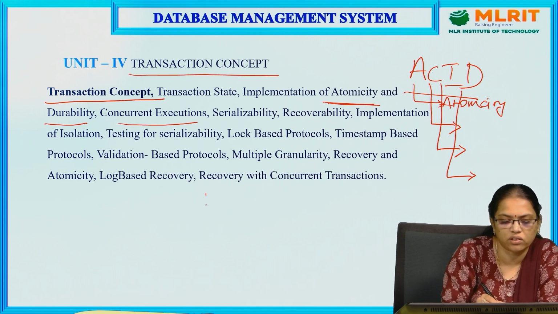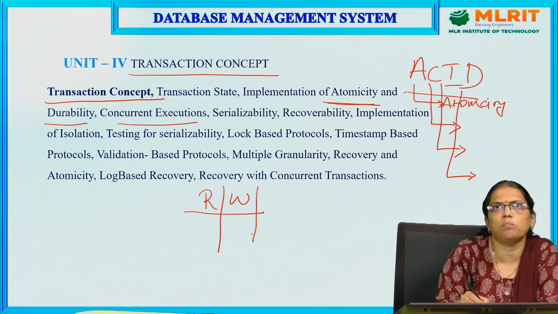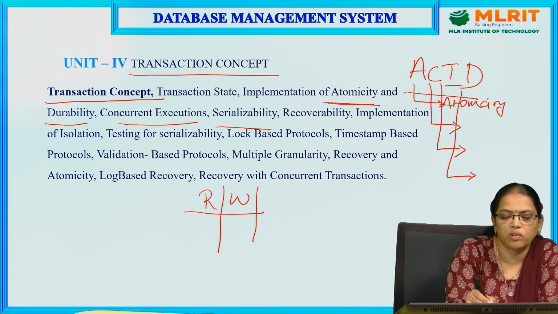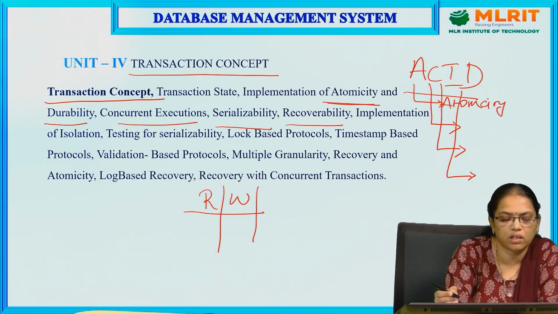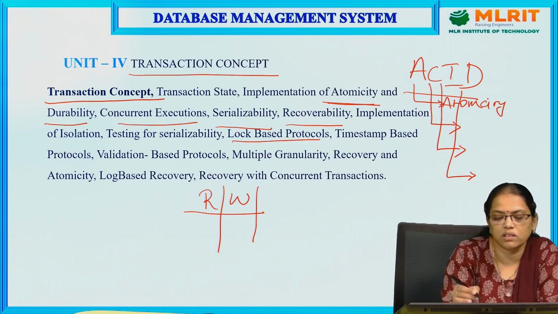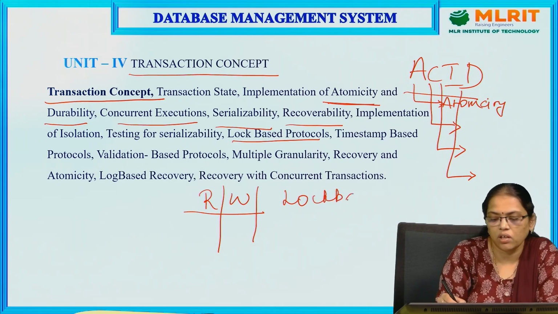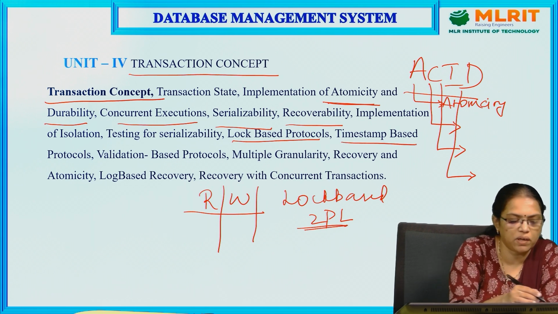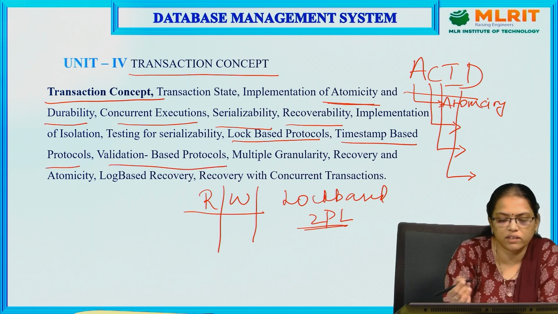In the concurrent execution you will have 2 operations, read and write. So we will be checking how we perform these operations continuously. And also we will be discussing serializability, recoverability, and how you test serializability. In this unit, log based protocol is very important. Two phase locking protocol we will discuss in detail, and also timestamp based protocol and validation based protocols.